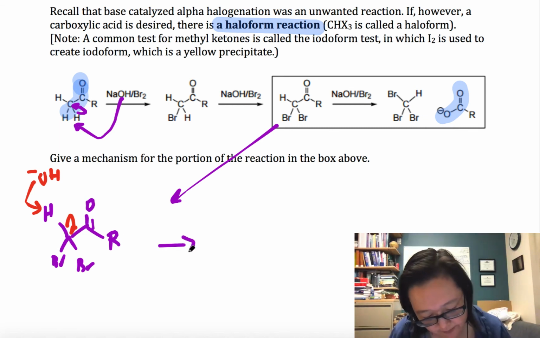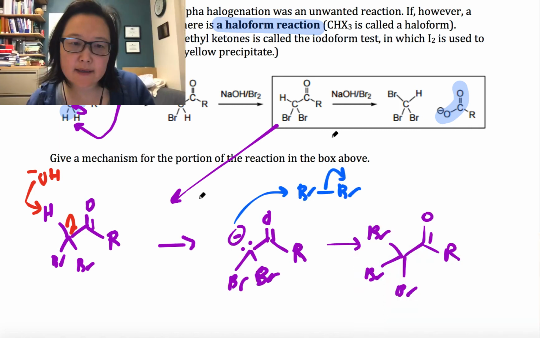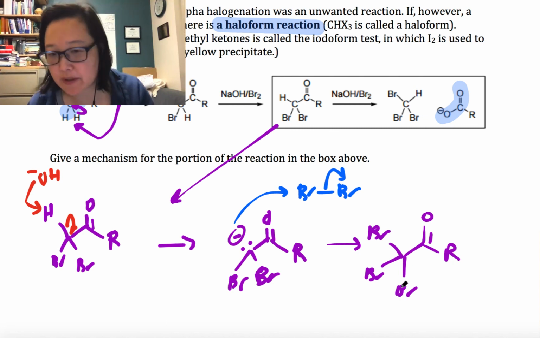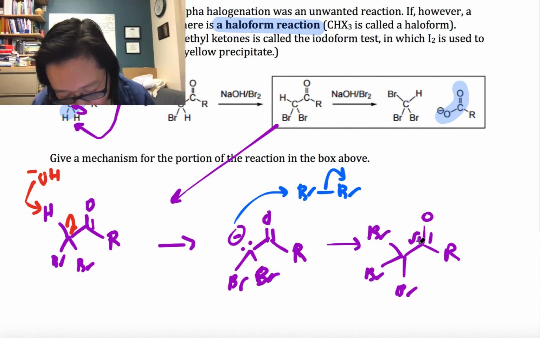Okay, so as we brominate again, then we have this very electron withdrawing situation here, right? This carbon here is getting electron density pulled toward all the bromines. So that makes this carbon very electrophilic right here. And what happens next is that hydroxide will come in and attack that carbonyl carbon now.